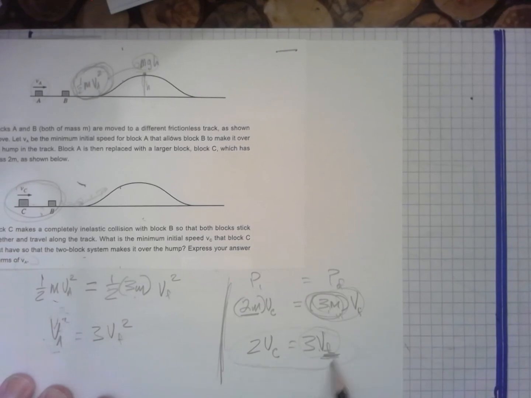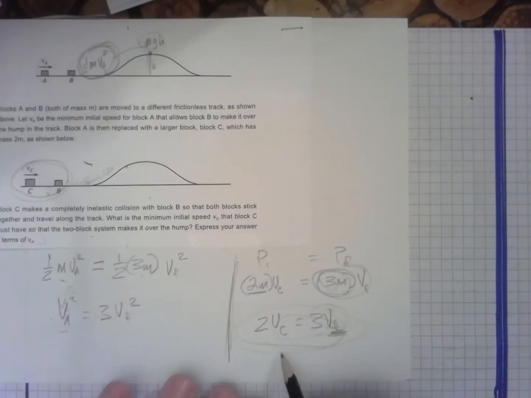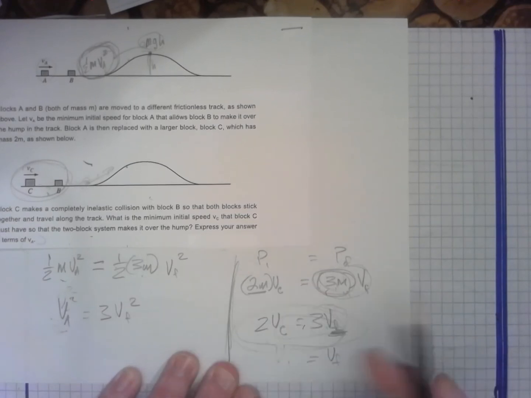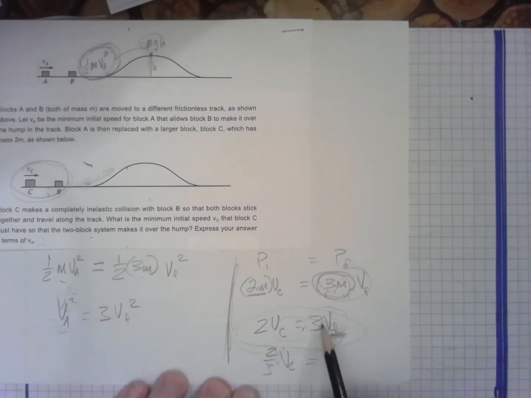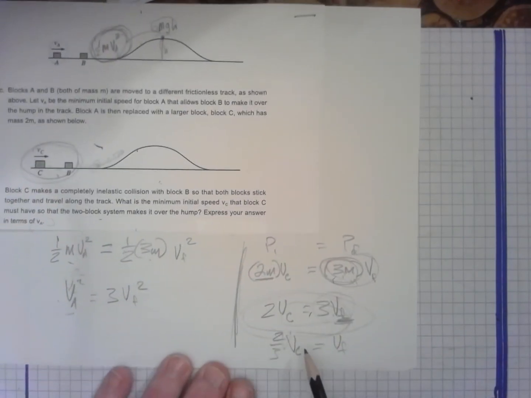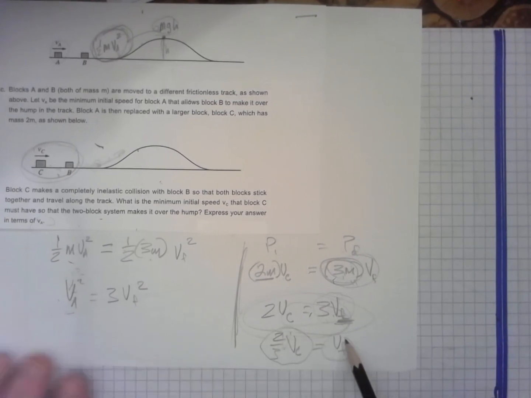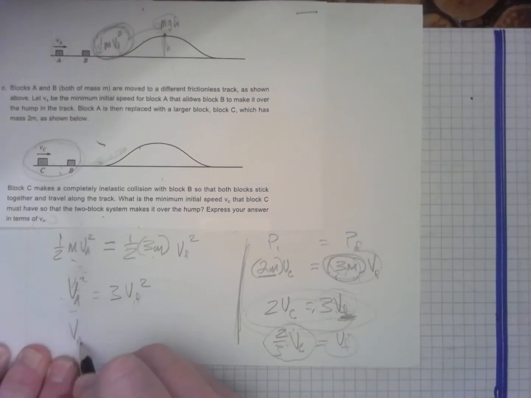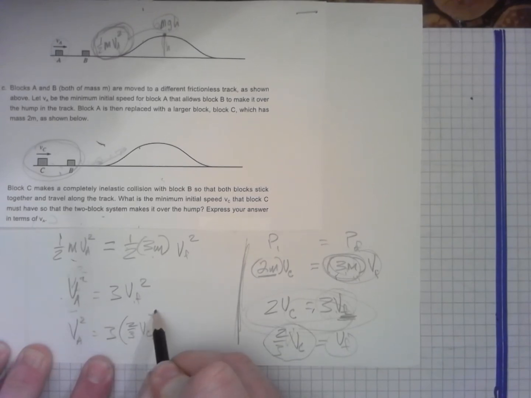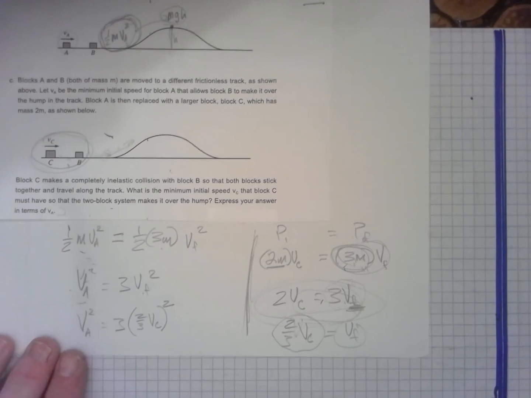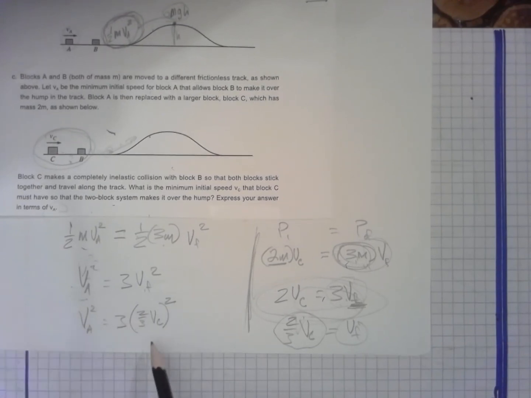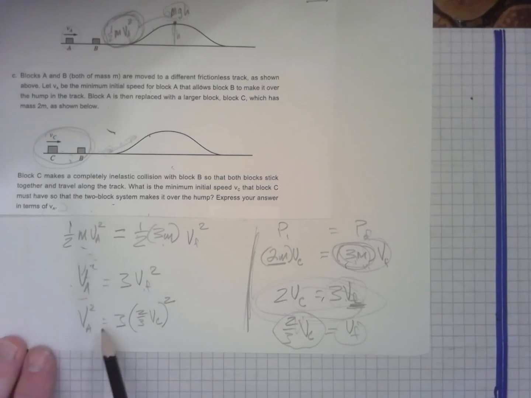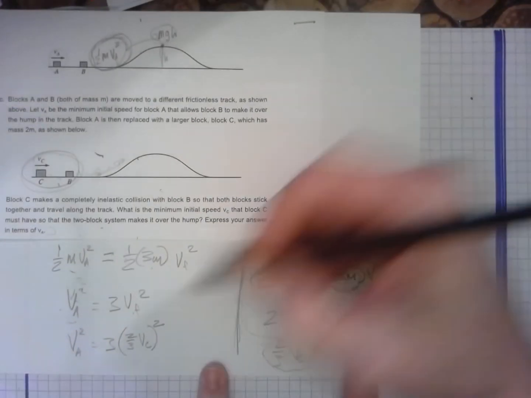But that's all right. We have a connection over here. V final is equal to 2/3 of VC, if I just divide both sides by the 3. So I can bring it over here. I can say VA squared equals 3 times 2/3 VC squared. And then I solve this thing for VC in terms of VA. So I square this down here.